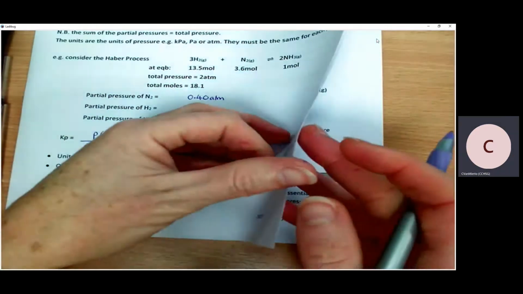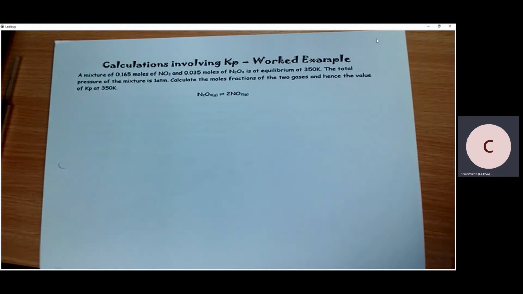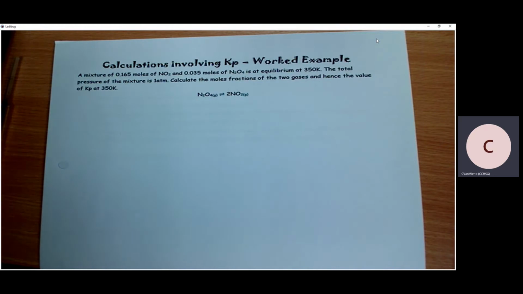Right, so let's have a look at the example on the other side. I've kept this one fairly straightforward in that we haven't gone through needing to work out what's present in the first place again. Okay, so if we are going through the whole question then, it says a mixture of 0.165 moles of NO2 and 0.035 moles of N2O4 is at equilibrium at 350 Kelvin.